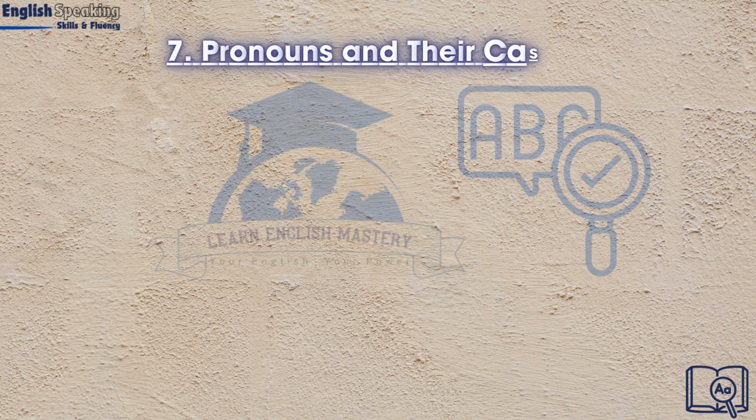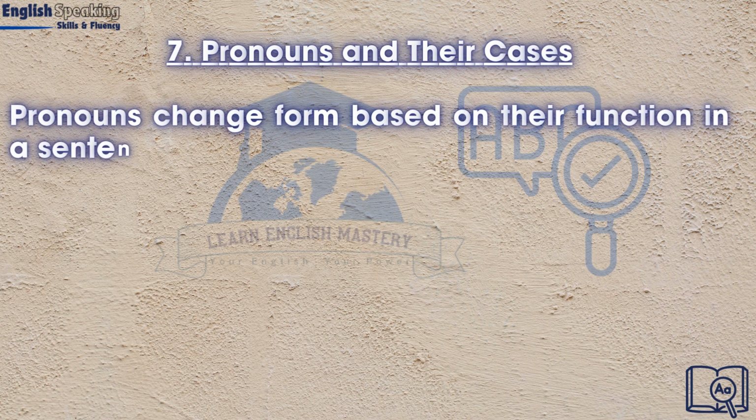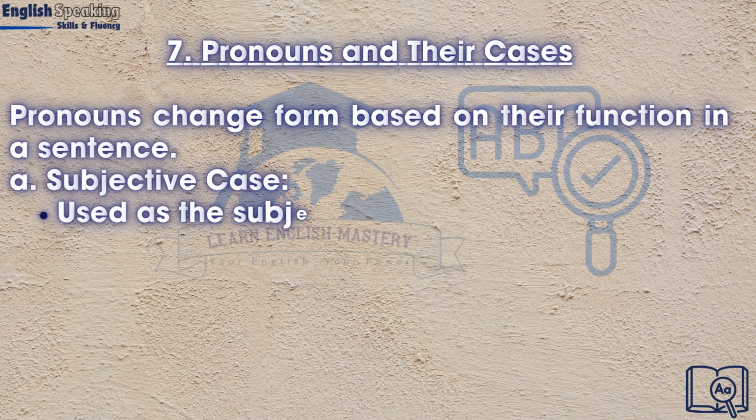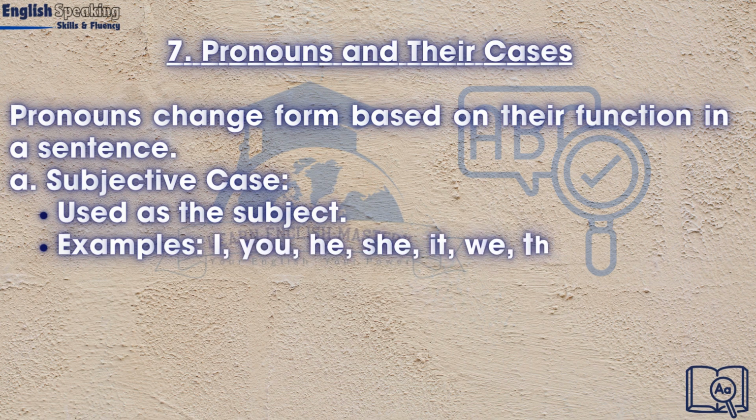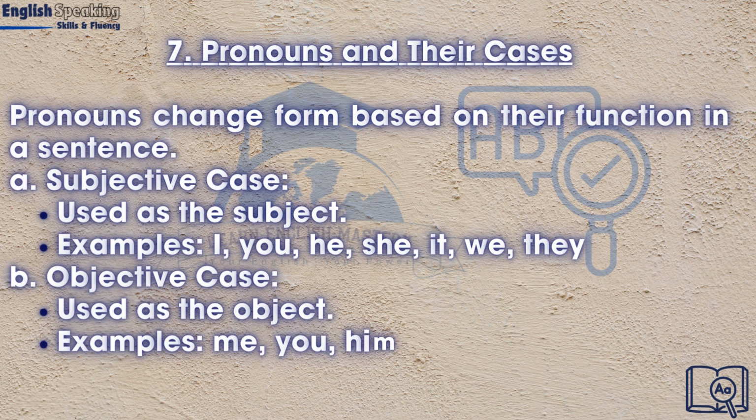7. Pronouns and their cases. Pronouns change form based on their function in a sentence. A. Subjective case: used as the subject. Examples: I, you, he, she, it, we, they. B. Objective case: used as the object. Examples: me, you, him, her, it, us, them.